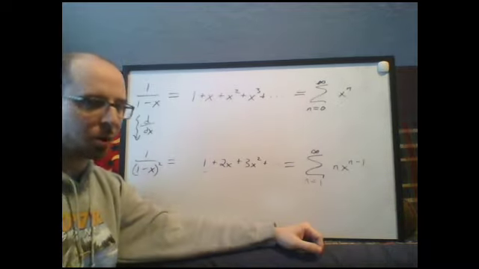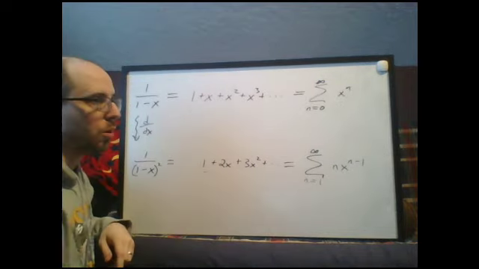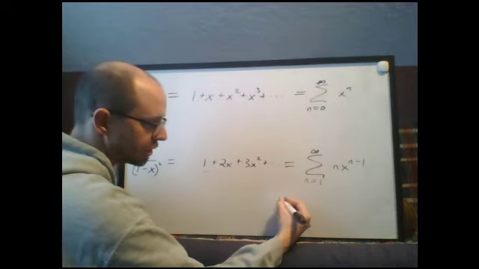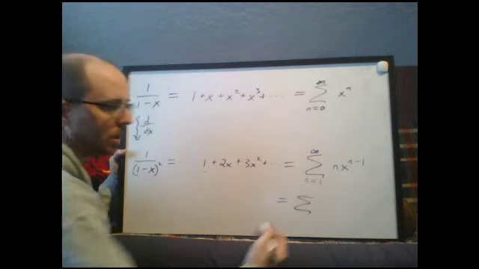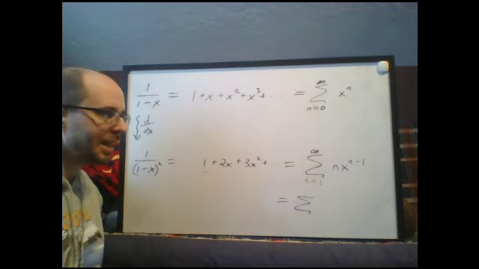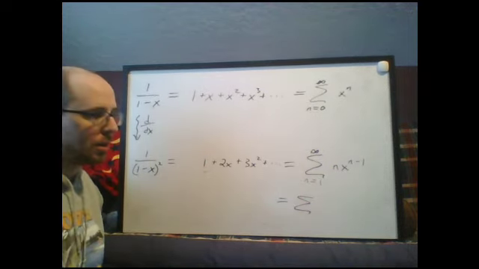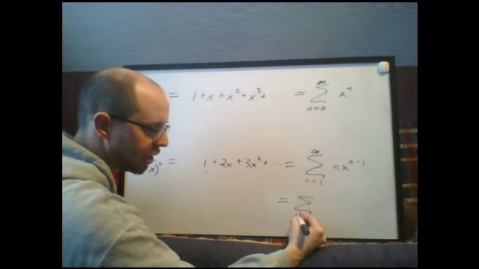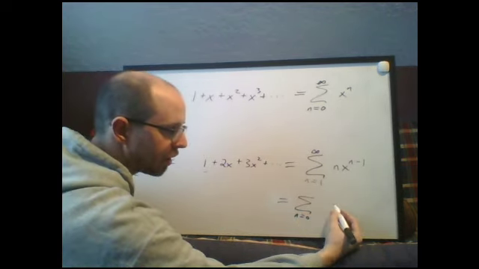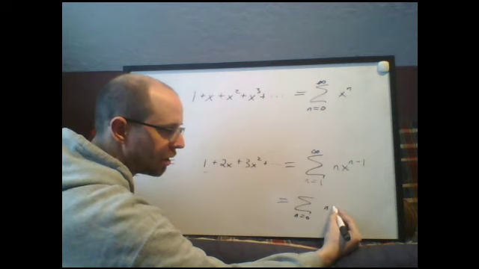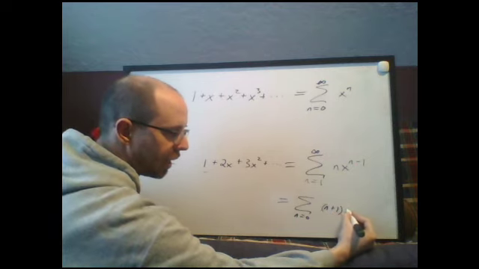That's fine if you want to write it like that. You could also renumber things to make it start at 0 if you wanted. So what I need to do then is replace n by n plus 1. If I start at n equals 0, then my first term is going to be 1 times x to the 0.